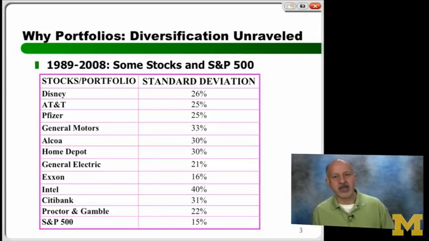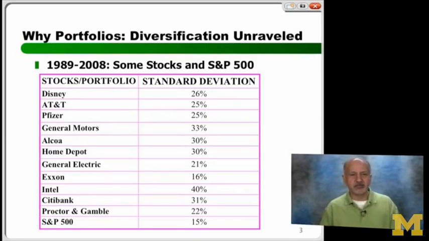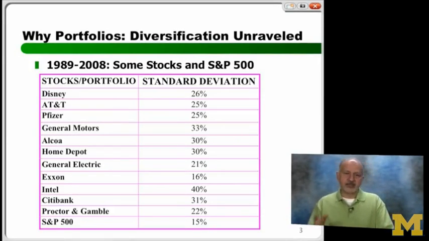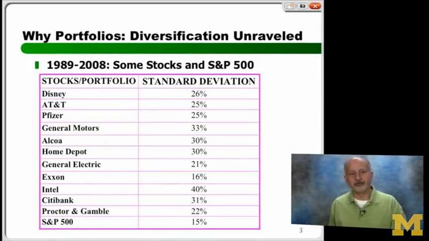So come again now. What's the major difference between the top 1, 2, 3, 4, 5, 6, 7, 8, 9, 10, 11 entries, starting with Disney, ending with Procter & Gamble, and the last one? What's the major difference? The major difference is that the 11 are stocks and S&P 500 is a portfolio.